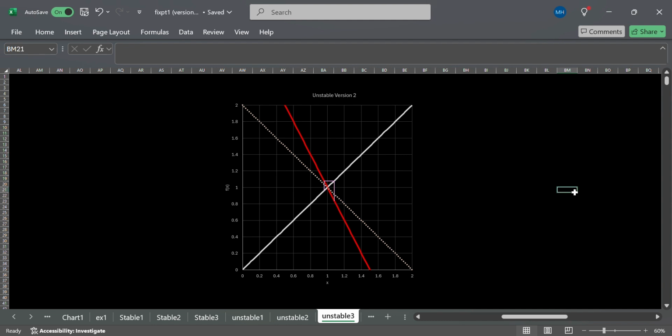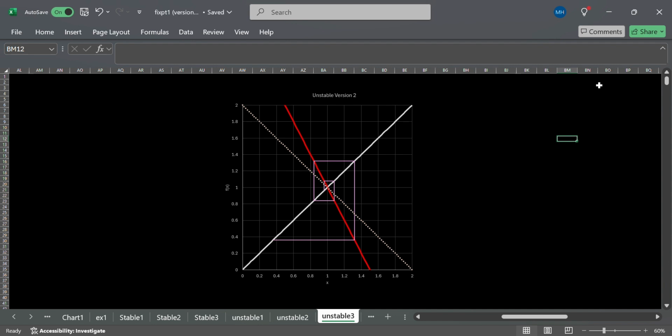It goes up to the right, down to the left, up to the right, down to the left. But instead of getting closer to the solution, it's spiraling out of control. I have to change the fixed point problem in order to make it converge.